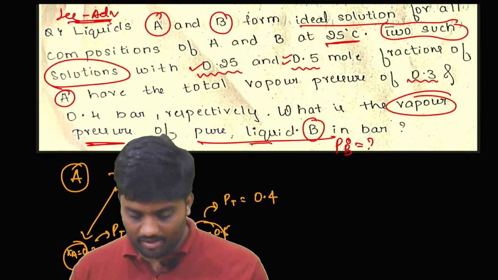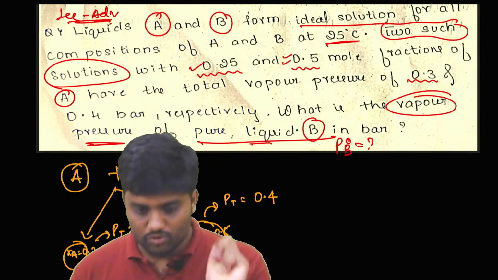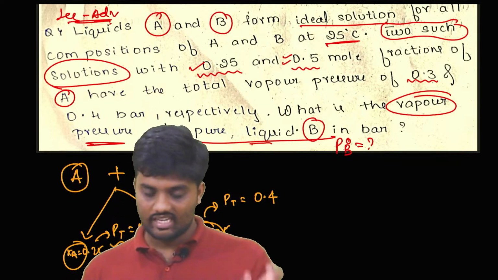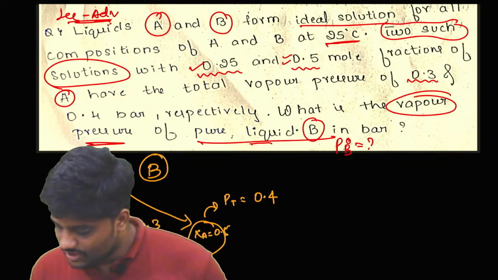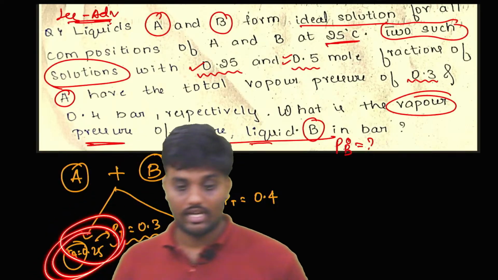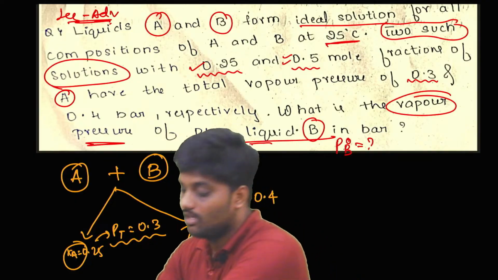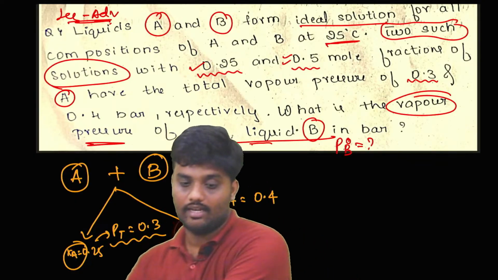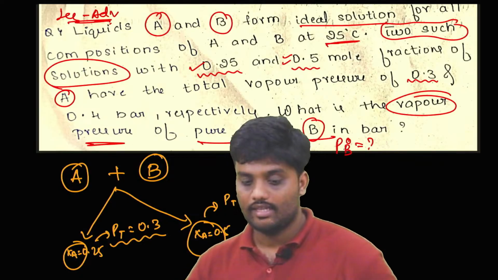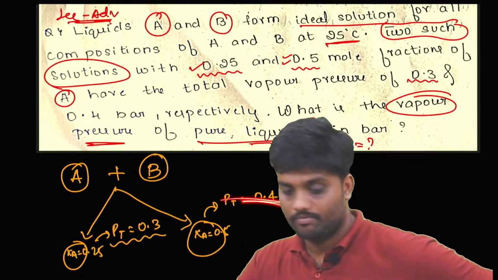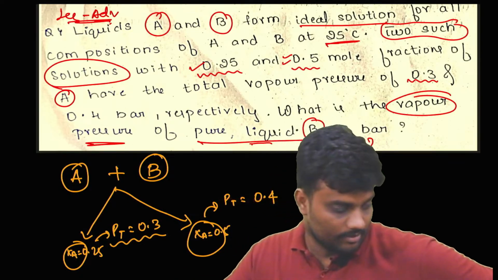By using A and B they prepared two solutions. One solution has 0.3, and the other solution is given by 0.4. Understood? Total pressure.